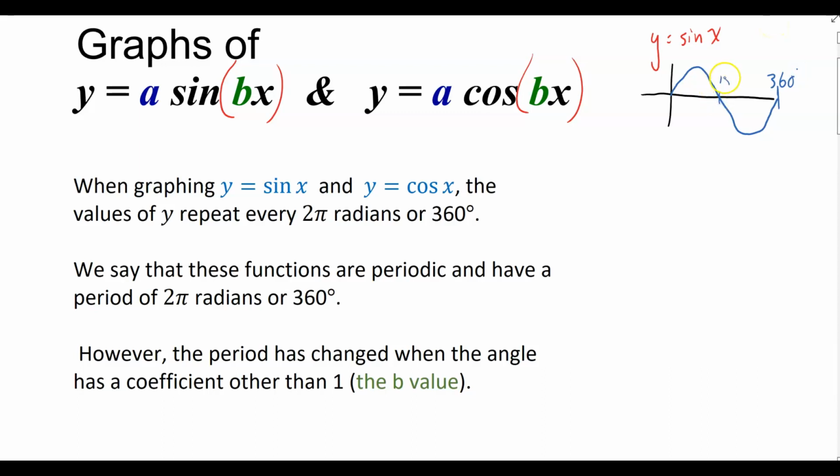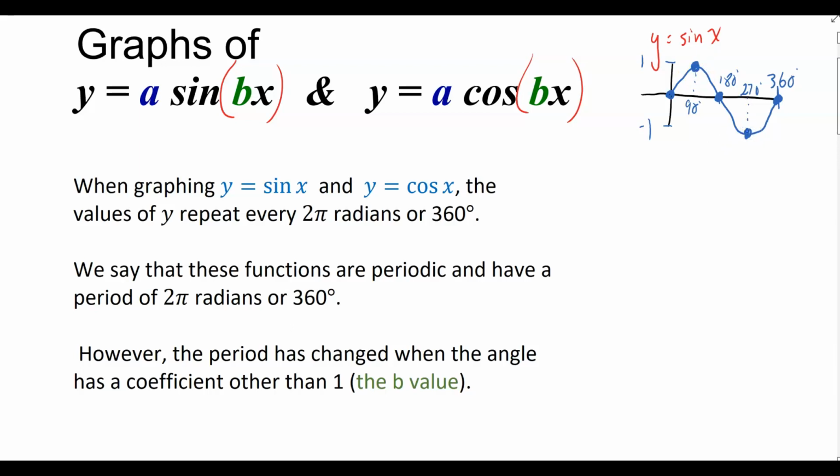So halfway is 180, and the maximum is at 90, the minimum is at 270. Each of those go to 1 and minus 1. So we have these 5 key points, the zeros. In sine x, we have 3 of them between 0 and 360, and we have a maximum and a minimum.